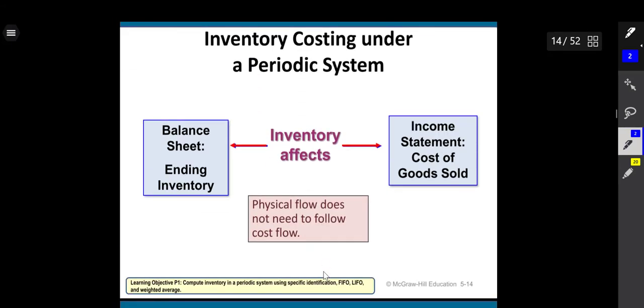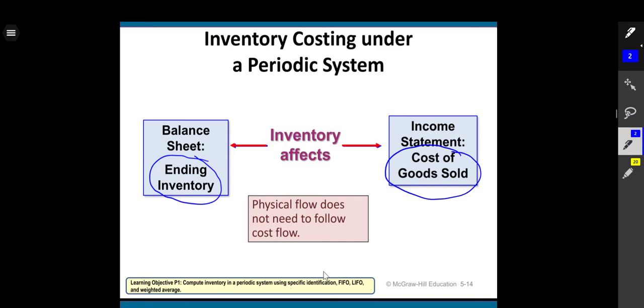All right, when we look at inventory costing, we want to look at how it impacts the balance sheet, because the ending inventory is going to go on the balance sheet. If we're focused on the ending inventory and the balance sheet, we could use one method of valuation. If we focus on cost of goods sold in the income statement, we could use another.